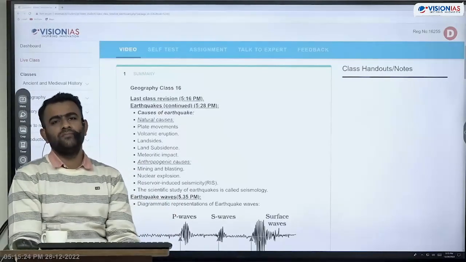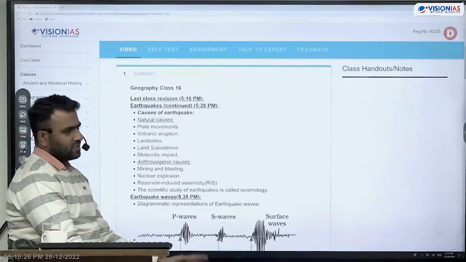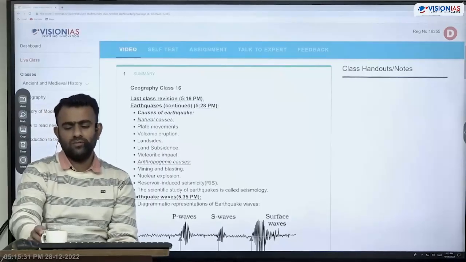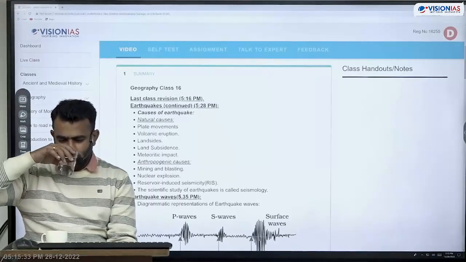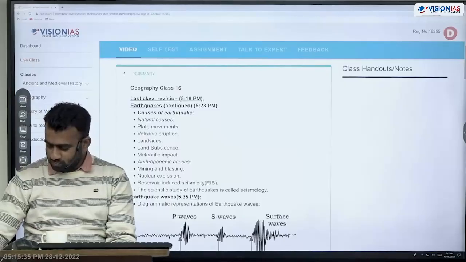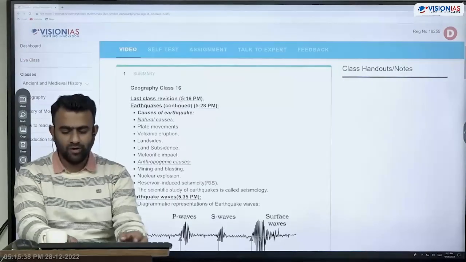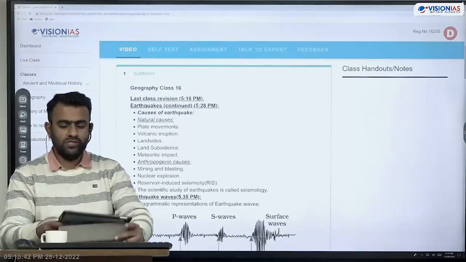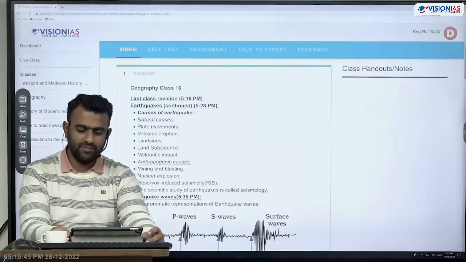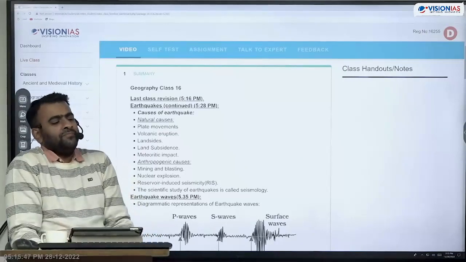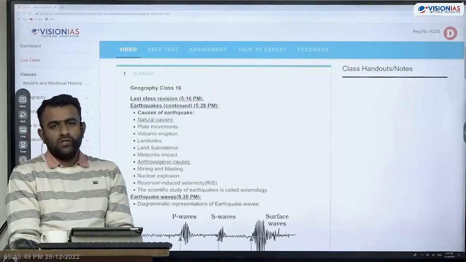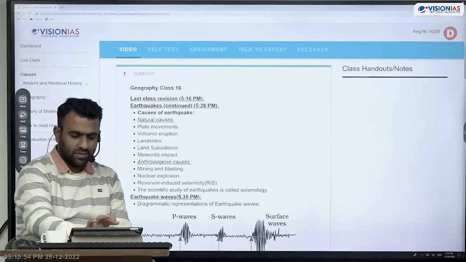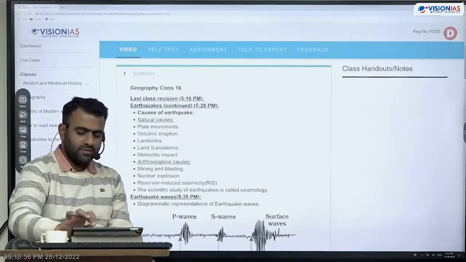Okay? So we don't measure magnitude everywhere. The Richter scale is used for magnitude, and for intensity there is the modified Mercalli scale. Which one is a logarithmic scale? Every next unit is 10 times more than the previous unit. Okay.